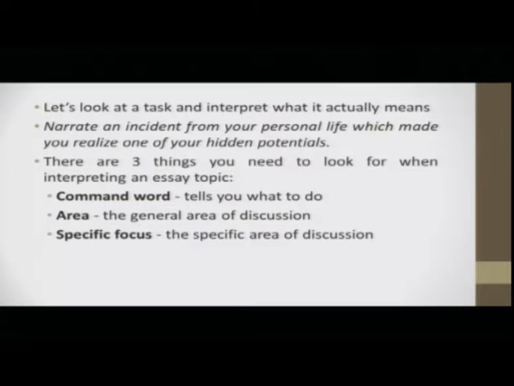So, what is the area? If you can see here, it is an incident from your personal life. The task very clearly says an incident, a single incident, and personal life. So, these are key things. This is the area you can say here.